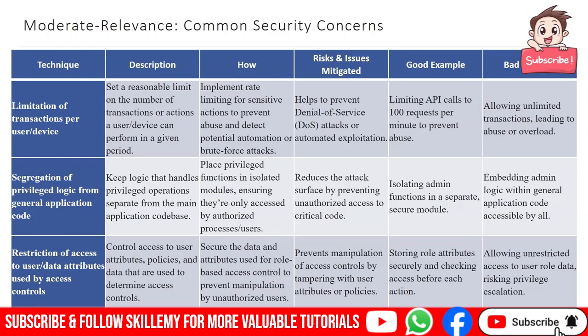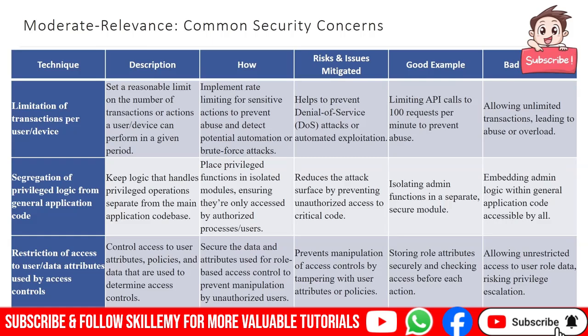Finally, it's essential to restrict access to user and data attributes that determine access controls. These attributes, such as user roles, permissions, and security policies, are fundamental to how authorization decisions are made. If attackers can manipulate this information, they could escalate their privileges or bypass controls entirely.